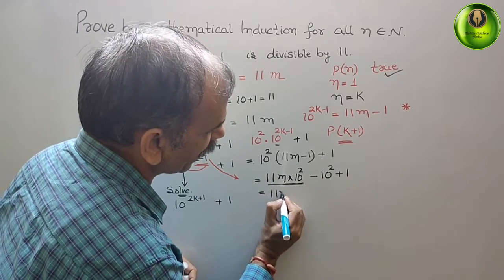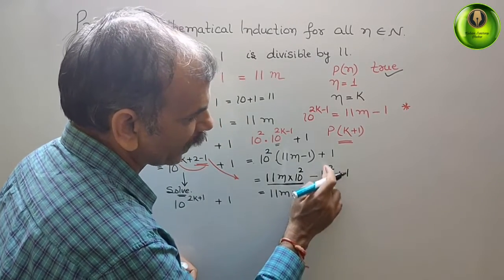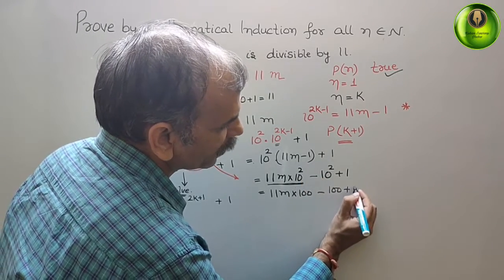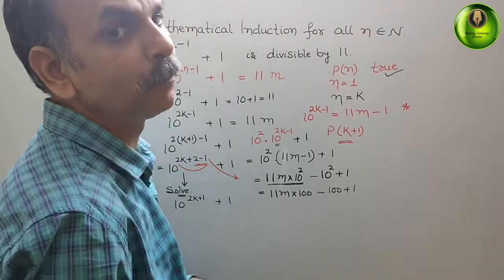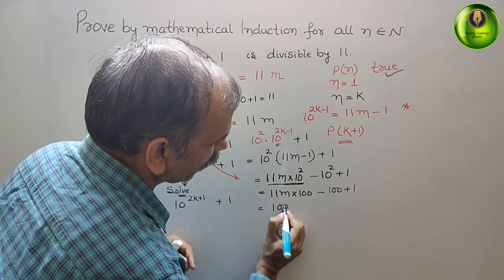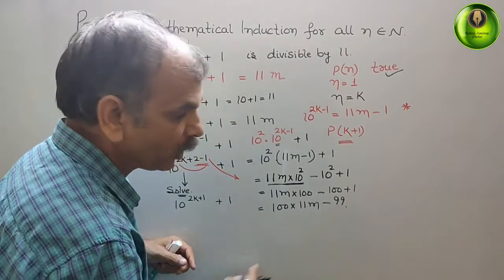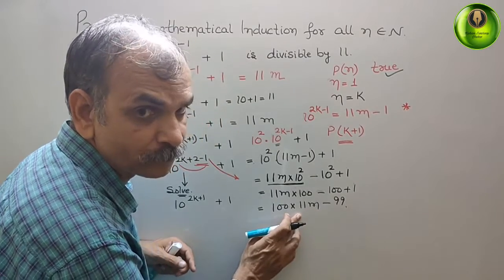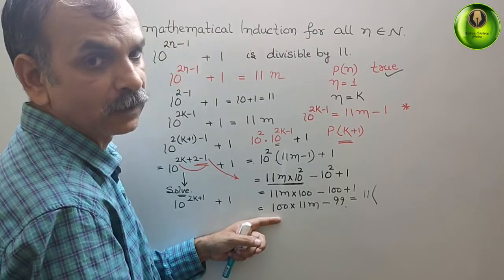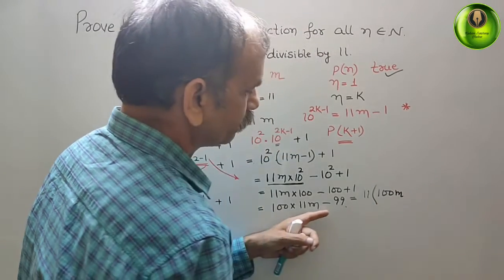So simply 11m into 100 minus 100 plus 1. Minus 100 plus 1 is minus 99. So you will get 100 into 11m minus 99. If you take 11 as common, what will you get? 11 into (100m minus 9).